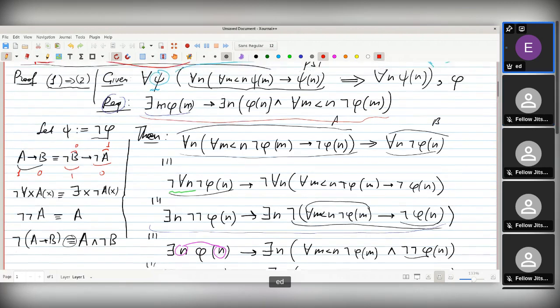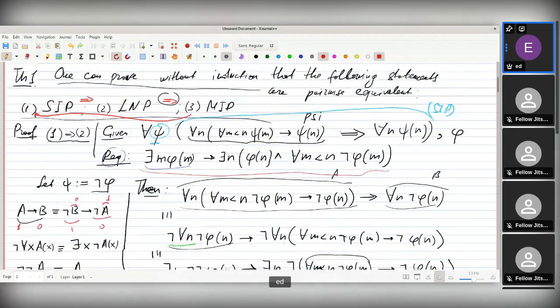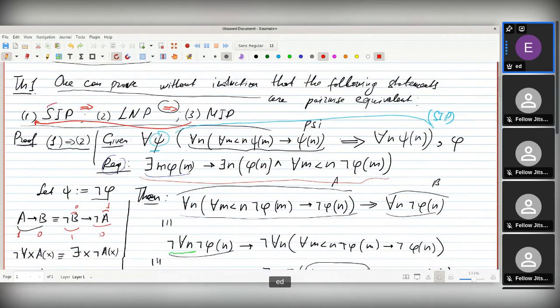So, what have we done? We take the strong induction principle and applied it to a particular property, namely not phi. So this procedure is similar to a proof from the contrary.